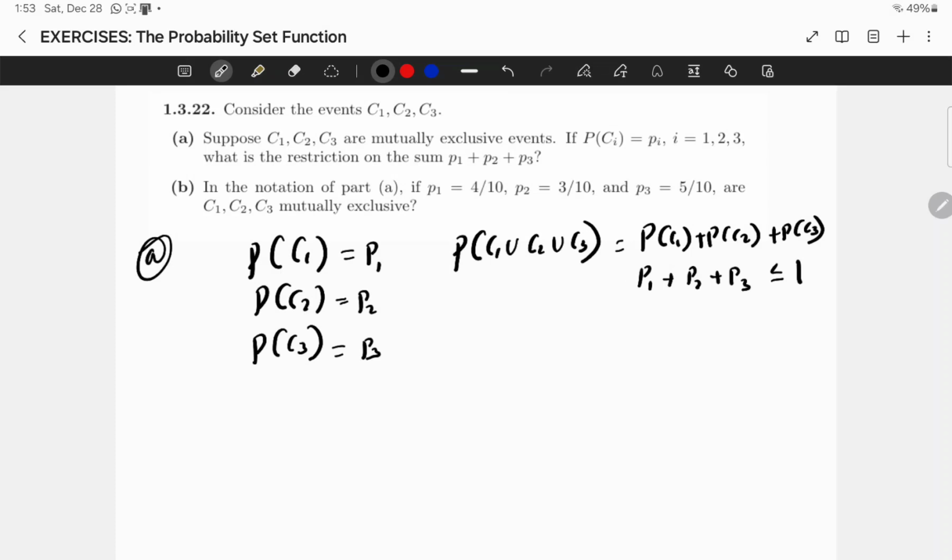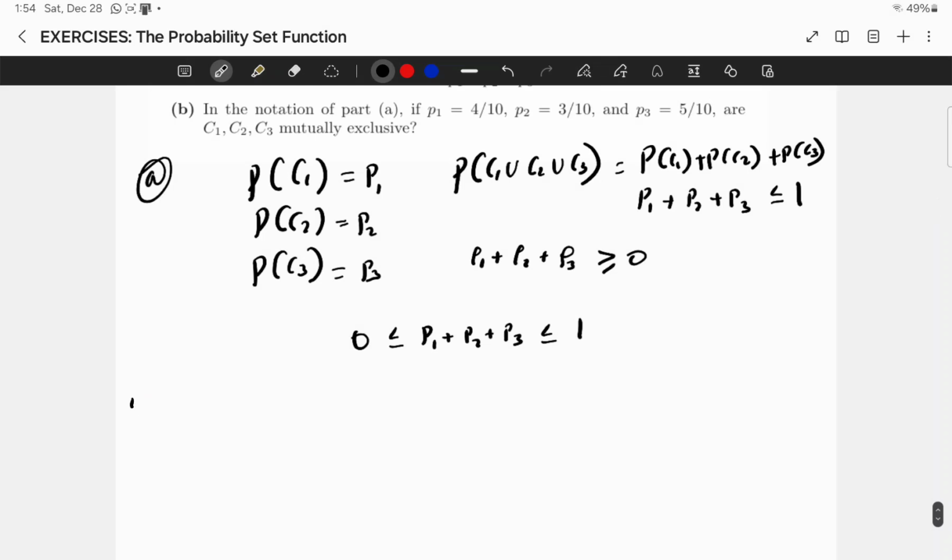And then we also know that our probability must always be greater than 0. So P1 plus P2 plus P3 also must be greater than 0. So the restriction is that P1 plus P2 plus P3 must be between 0 and 1. So that is the restriction for that.